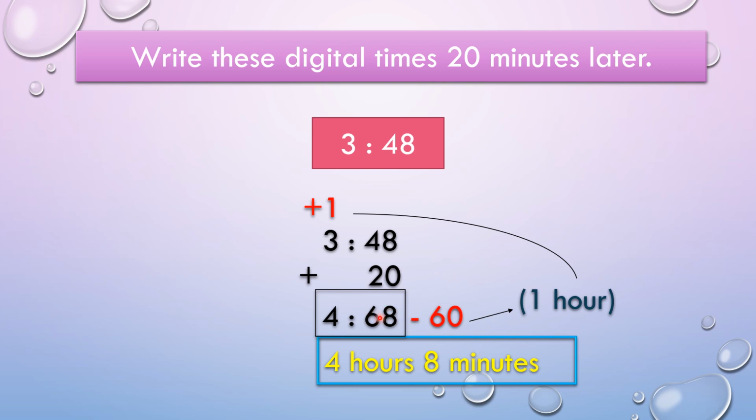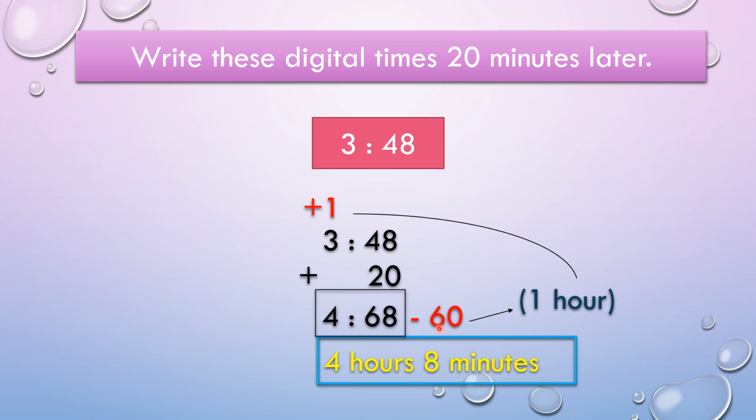But you have an extra 8 minutes here. So what you have to do is take 68 minus the minutes for 1 hour, which is 60. You subtract 60 because you want to convert the 60 minutes to become 1 hour and move it to the hour place. Now, 68 minus 60 gives 8, which means you have 8 minutes here.